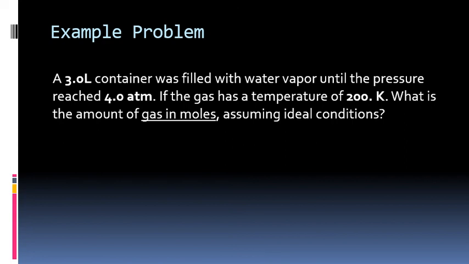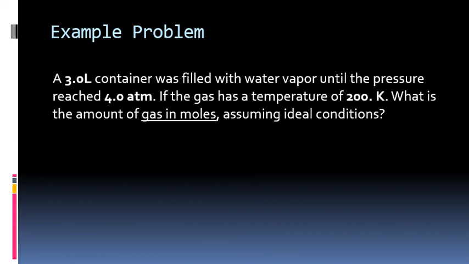So an example of working with the ideal gas law would be this problem. A 3-liter container was filled with water vapor until the pressure reached 4 atmospheres. If the gas has a temperature of 200 Kelvin, what is the amount of gas in moles, assuming ideal conditions?